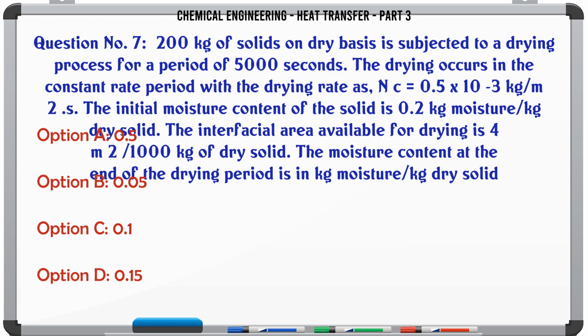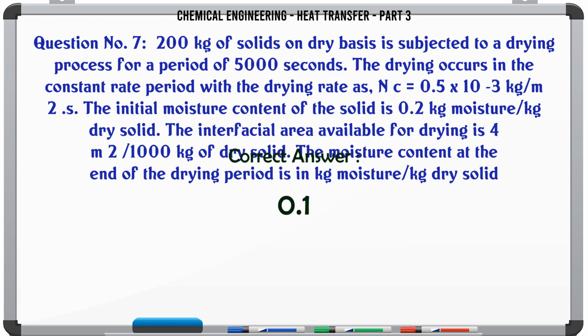The interfacial area available for drying is 4 m² per 1000 kg of dry solid. The moisture content at the end of the drying period, in kg moisture per kg dry solid, is A. 0.5, B. 0.05, C. 0.1, D. 0.15. The correct answer is 0.1.